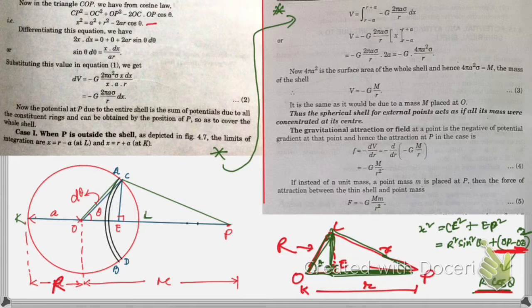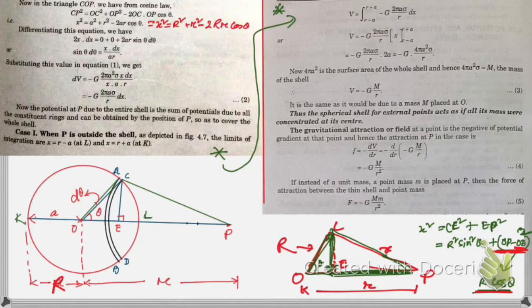Here you see. So let me write this one in terms of capital R, that is x square is equal to capital R square plus small r square minus 2 capital R small r cos theta. You will get this result. So let me write it clearly. So x square is equal to capital R square plus small r square minus 2 capital R small r cos theta.